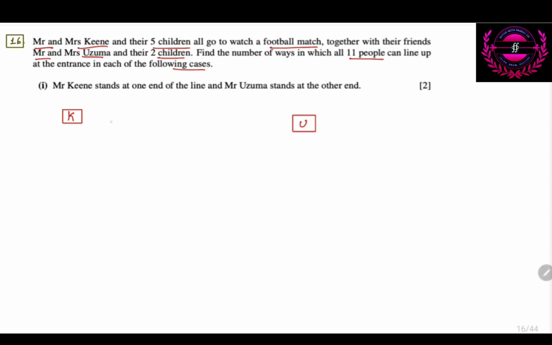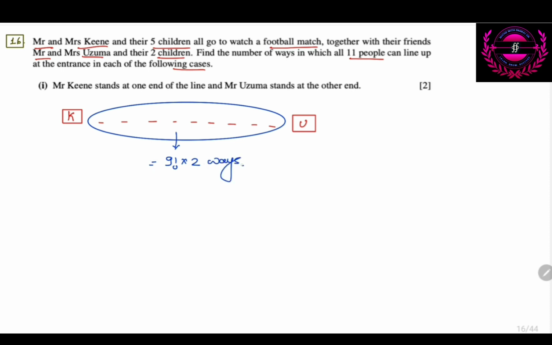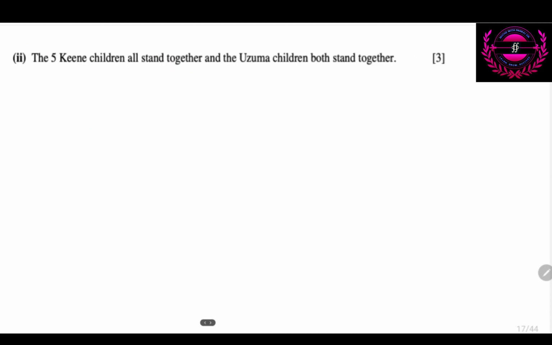The remaining 9 people in between can arrange themselves in 9 factorial ways, and these two can arrange themselves in 2 factorial ways, which is 2. So the total number of ways is 9 factorial into 2. Let's move to the next question.